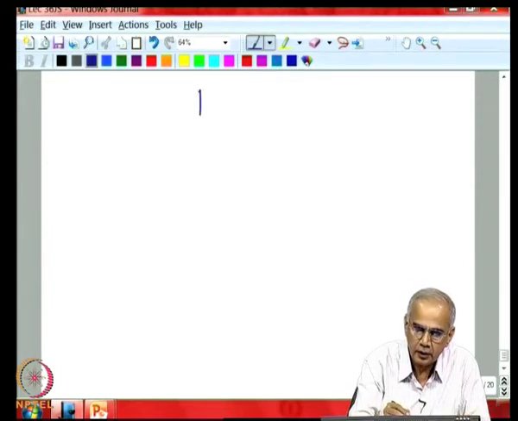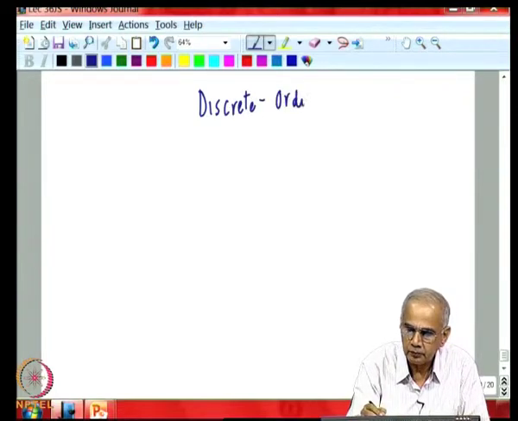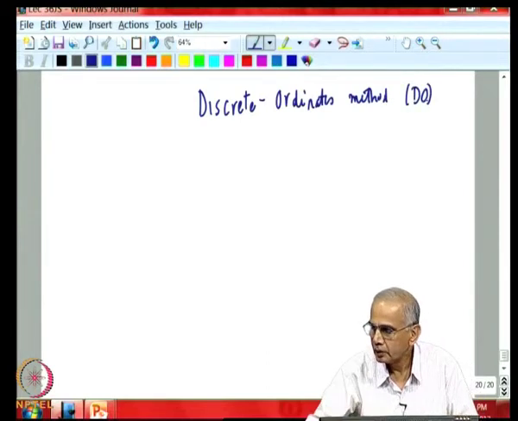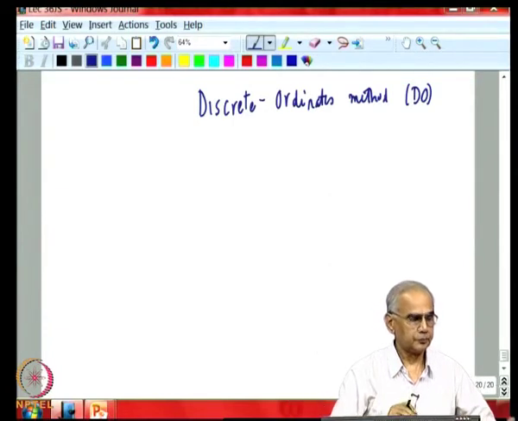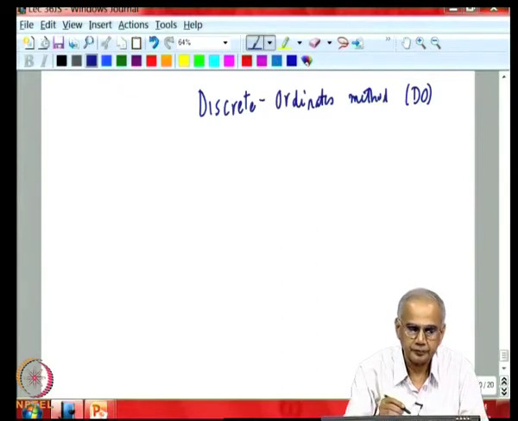Now, we move on to another technique in solving the equation for scattering, and this technique is called the discrete ordinates method, also called DO. So, let us assume that you are dealing with a system of particles which are scattering, and the scattering is isotropic.